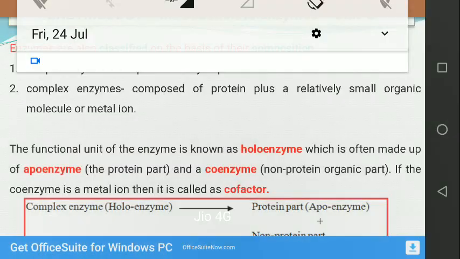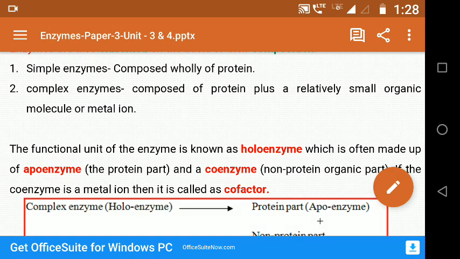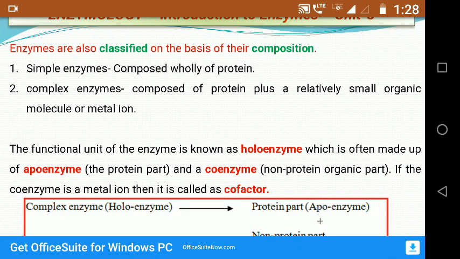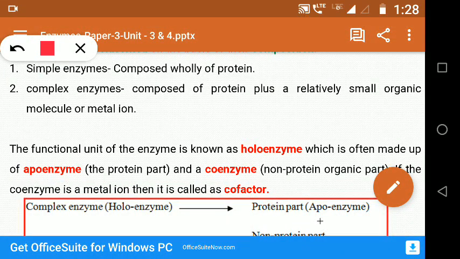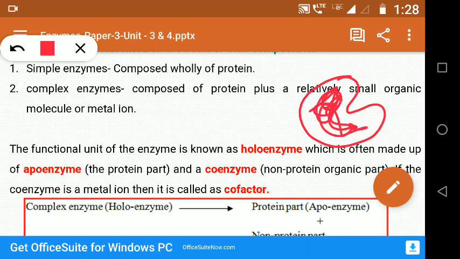First one is simple enzymes, composed of only protein part. Suppose this is an enzyme. This enzyme has a complete amino acid sequence only.